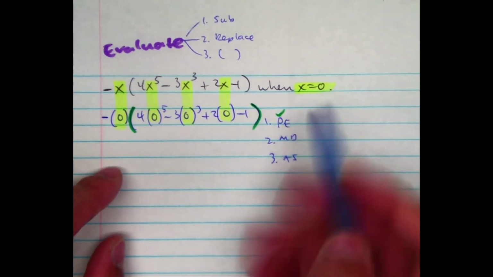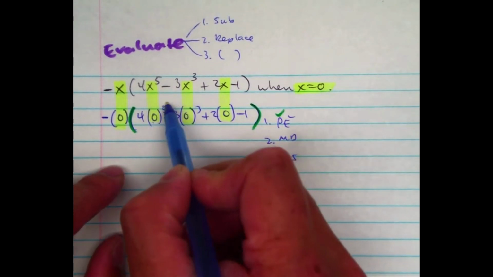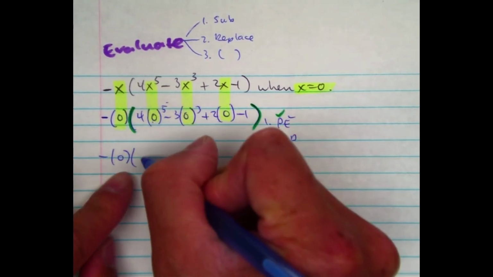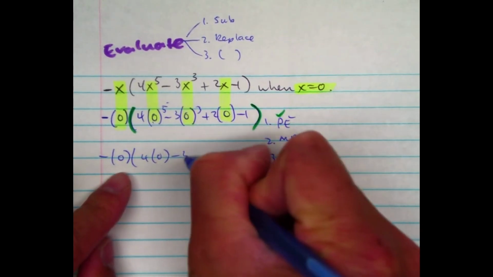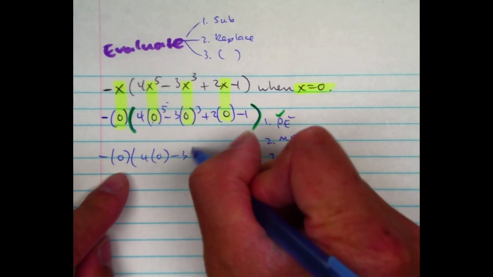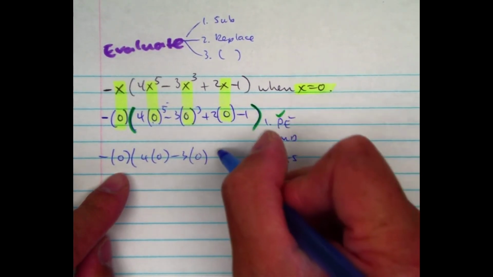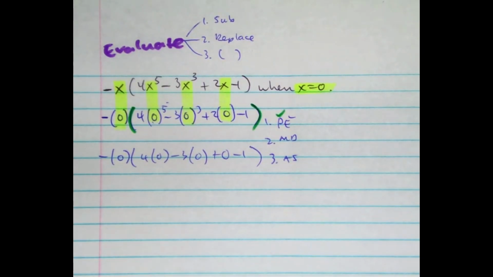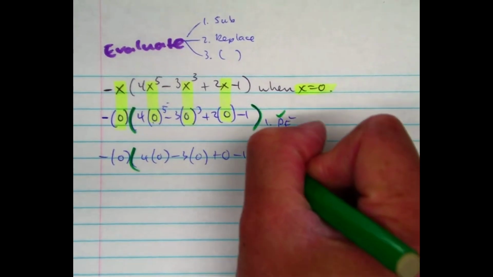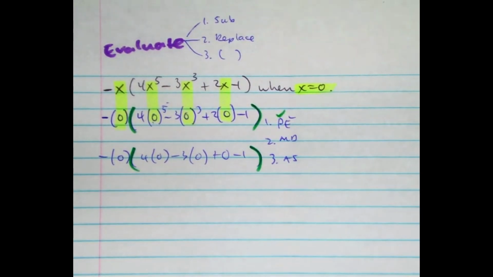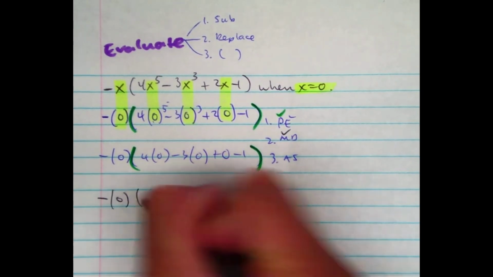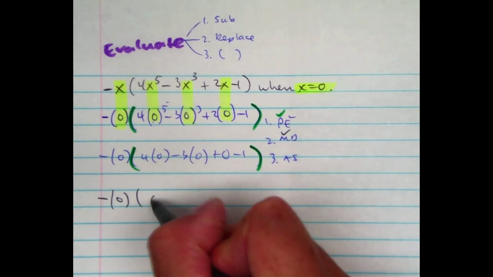I'm going to do the exponents as I go left to right. 0 to the 5th power? 0. 0 to the 3rd power? 2 times 0. Minus 1. Put that back in green. See that? And now inside that parentheses, I'm going to go ahead and do multiplication left to right. So 4 times 0.